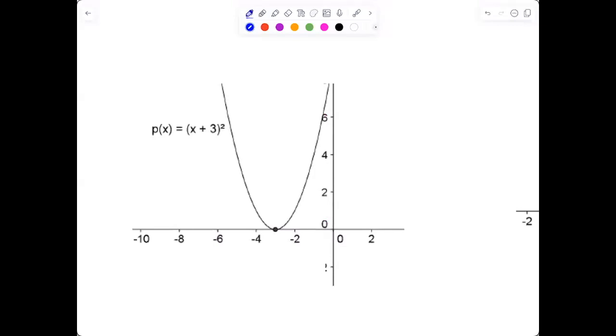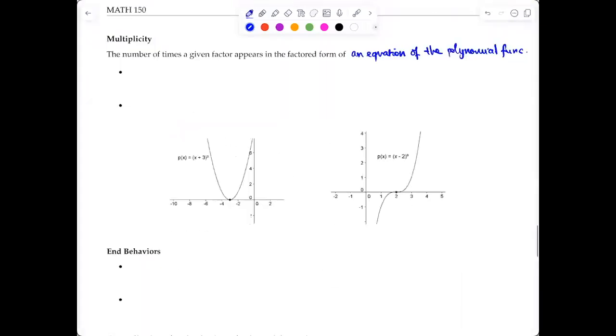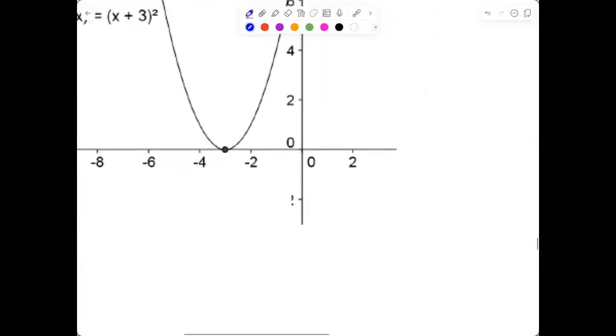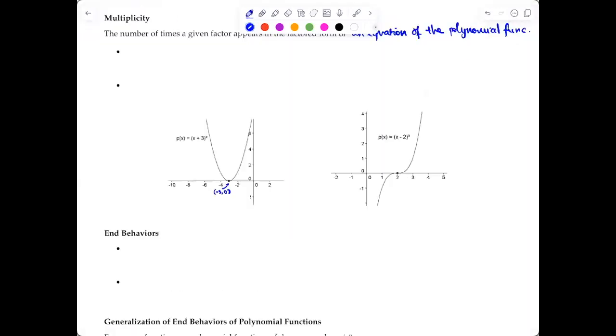So -3 for x plus 3. -3 here is a zero, a solution with even multiplicity. So this point right here is (-3, 0). And -3 is a zero with even multiplicity.